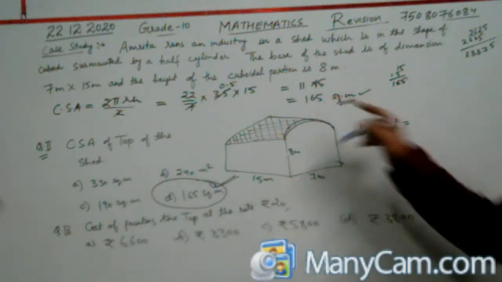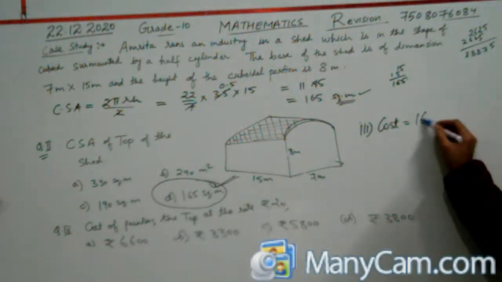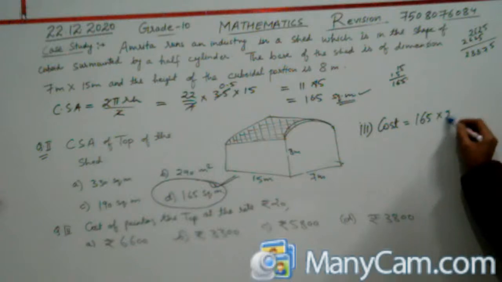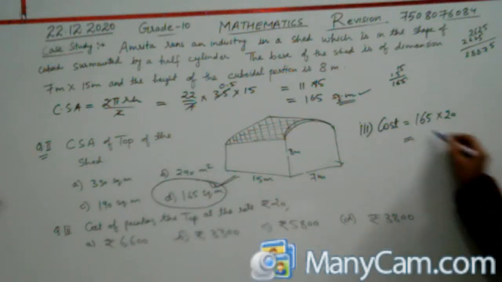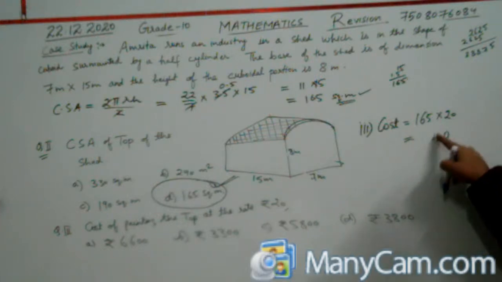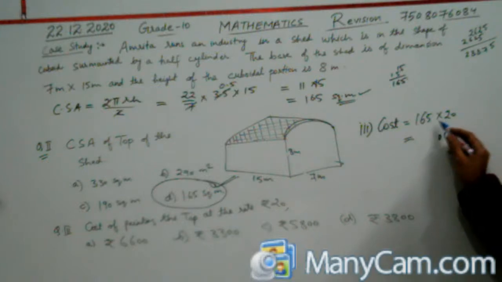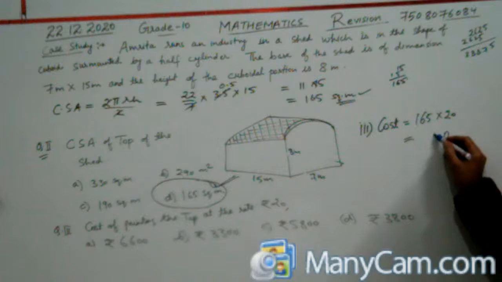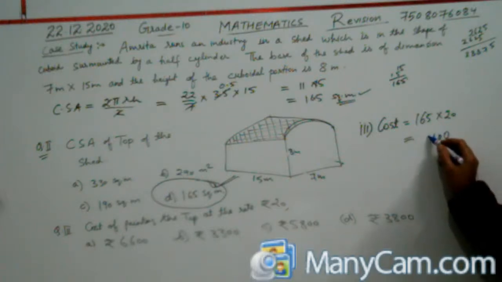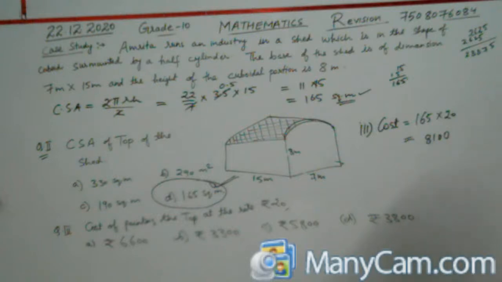20 is the rate, and the area is 165, multiplied by 20. So we have 0, 5 twos are 10, 5 sixes are 30 plus 1, 31, 3, so it is 8, 5.